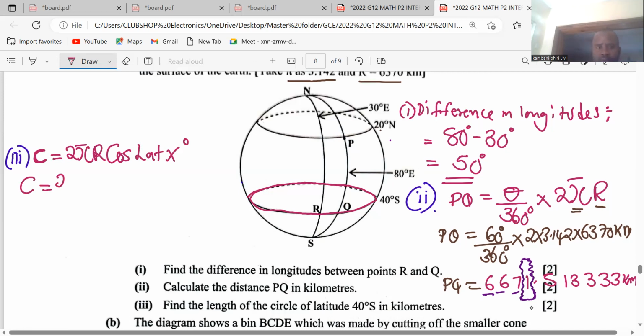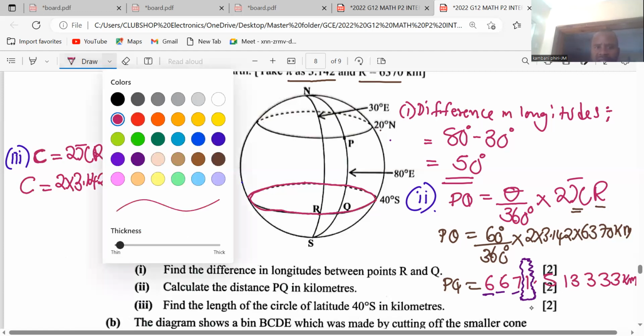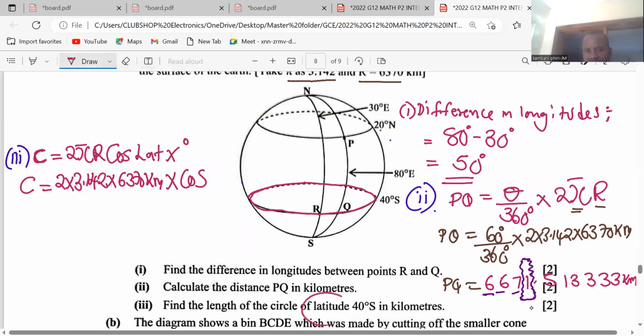We have 2 by 3.142 times, what is our radius? 6370 km times cos latitude x. What is the latitude? Here we've been told that it is latitude 40 degrees south. So I'll say 40 degrees south.